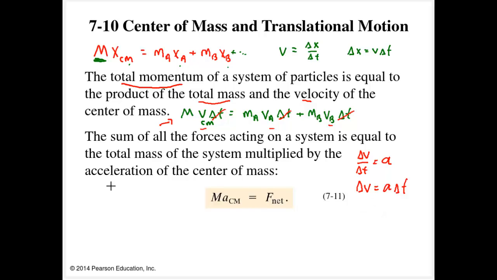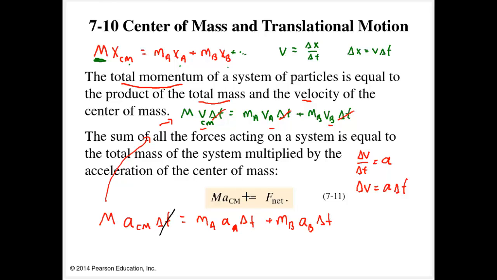Rewriting the equation: mass multiplied by the acceleration of the center of mass times delta t is equal to the mass of A times the acceleration of A times delta t plus the mass of B times the acceleration of B times delta t.